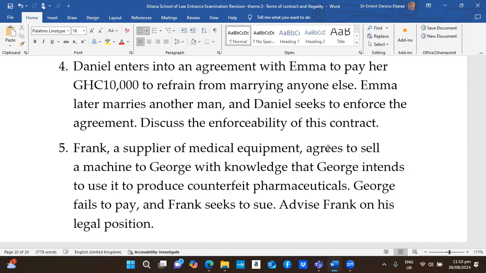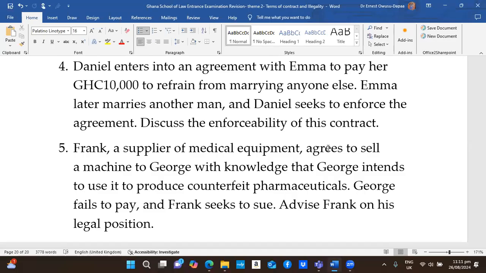I also try: whether the restraint of marriage clause is unlawful. Usually when it comes to contract, if you use the word restraint, I get what you mean, but sometimes certain words or phrases are used for certain fixed ideas in the law.